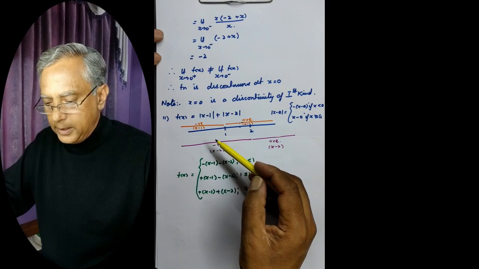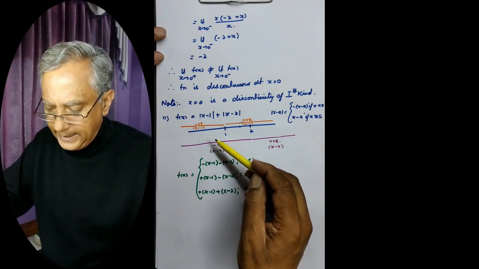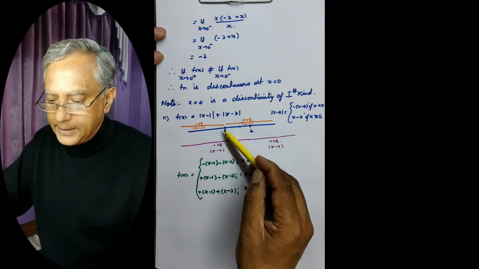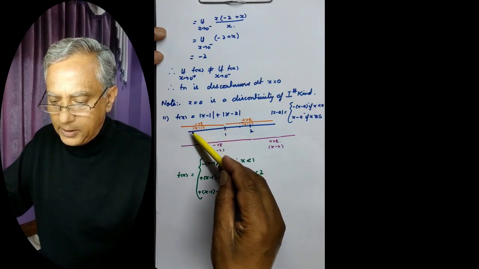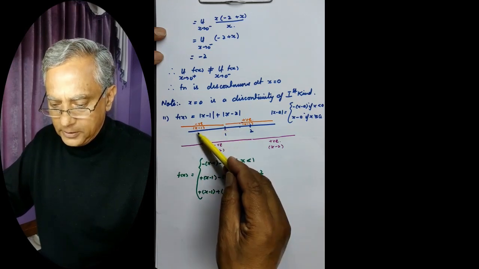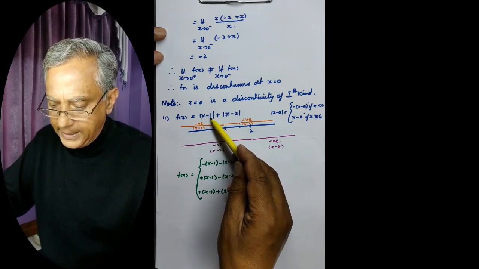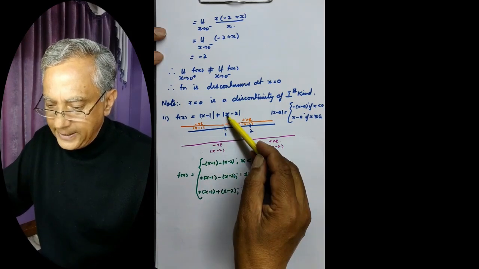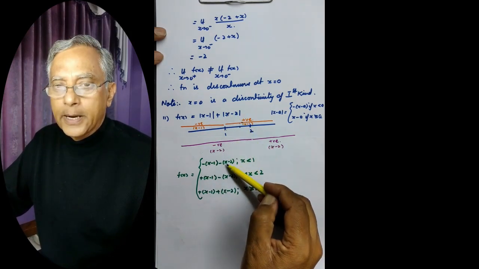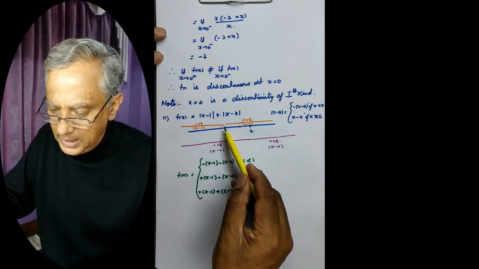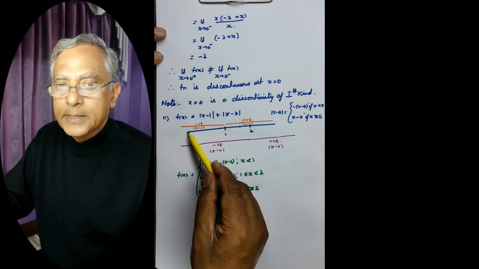Or in a very simple way, you can take a point in this interval. In this interval, take say 0.5. Put 0.5 here. It is negative, so this will be negative. Because throughout this interval, the sign will remain the same.